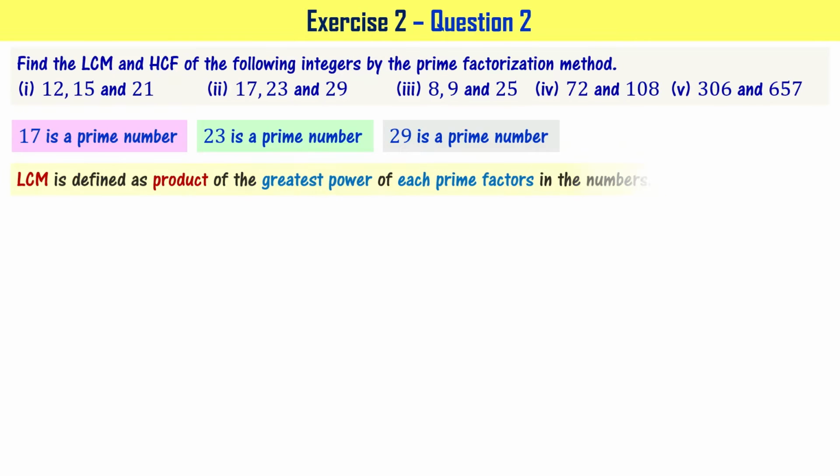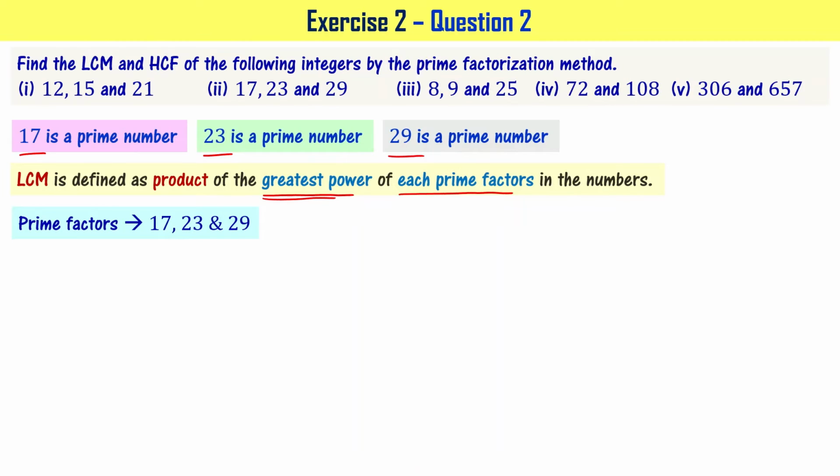So now we have seen that LCM is defined as the product of the greatest power of each prime factor in the numbers. So 29 is one prime factor, 23 is another prime factor, and 17 is another prime factor, and their greatest power is 1 only. Let's take their product.